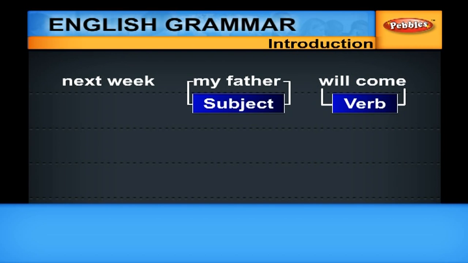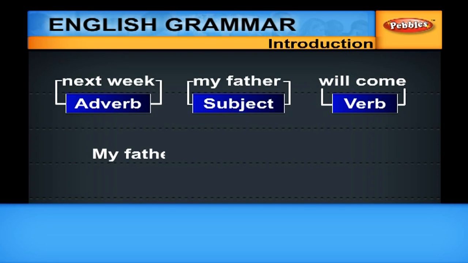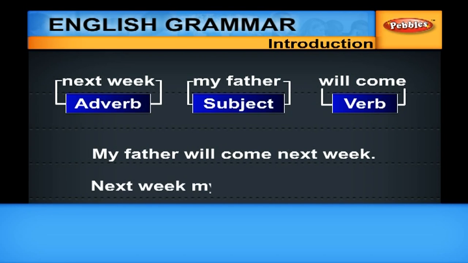Then you have the adverb, next week. My father will come next week. Or you can say, next week my father will come. If you arrange these words in any other manner, it will not be a meaningful grammatical sentence. You have to remember that in English, word arrangement is very important.